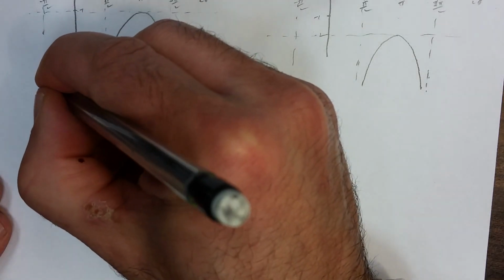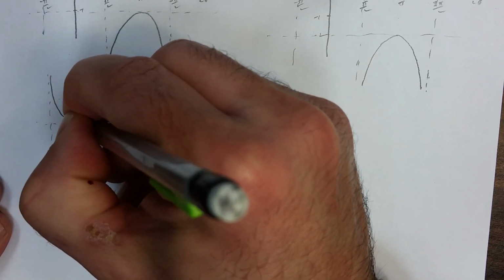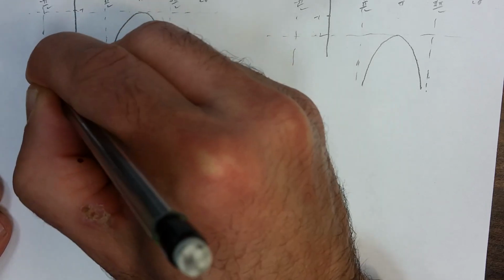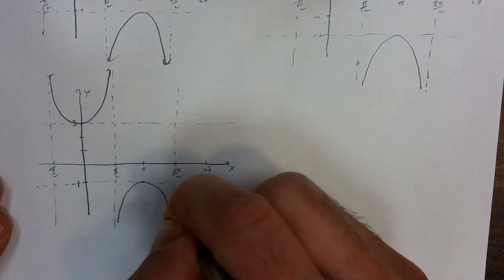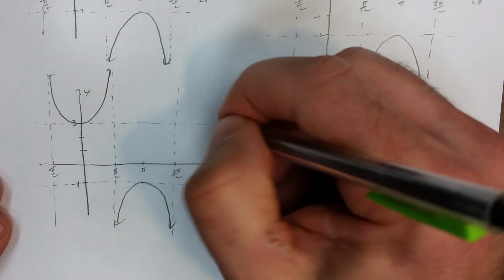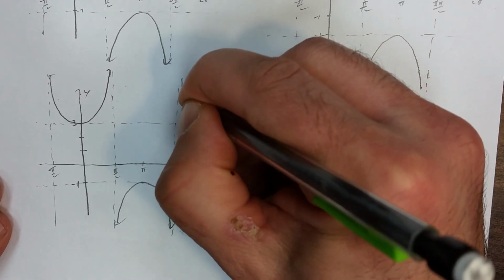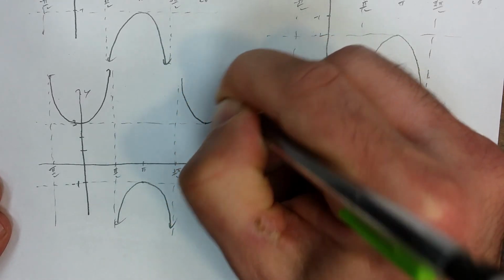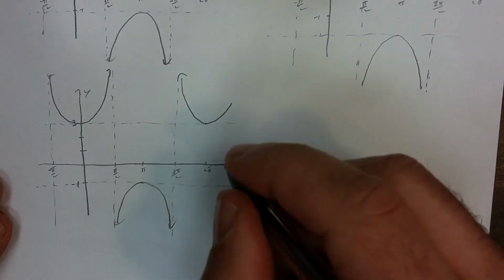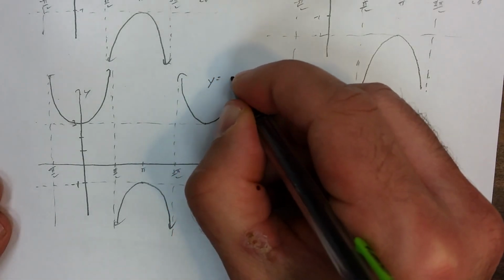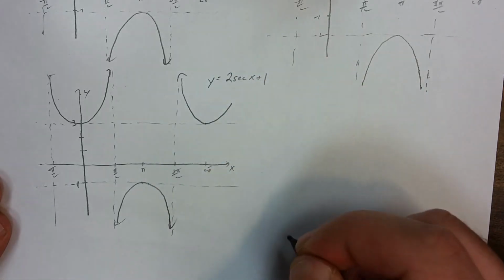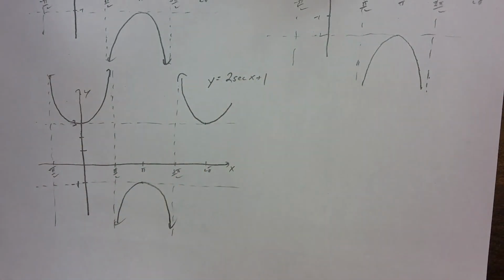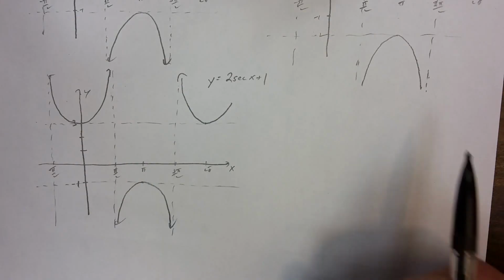And these same U shapes just shifted up from the last graph by 1 unit. Approaching these lines asymptotically, getting closer and closer to, and so on. And that continues. And there we go. So here we have y equals 2 secant x plus 1. Vertical stretch by a factor of 2, vertical shift up by 1 unit.